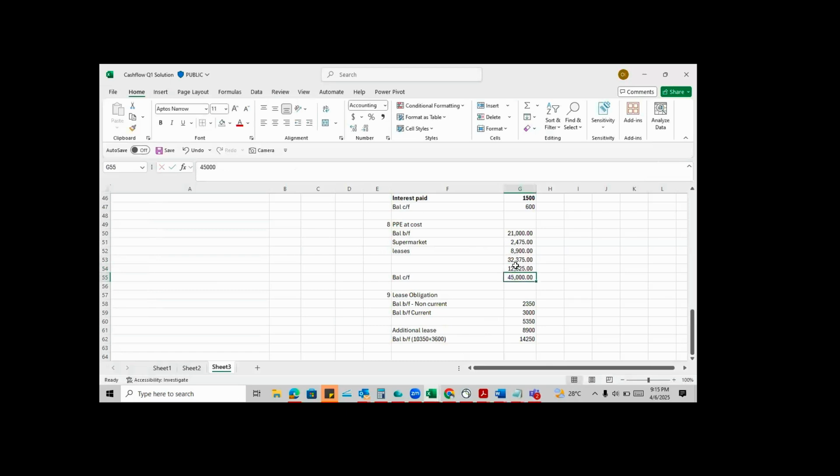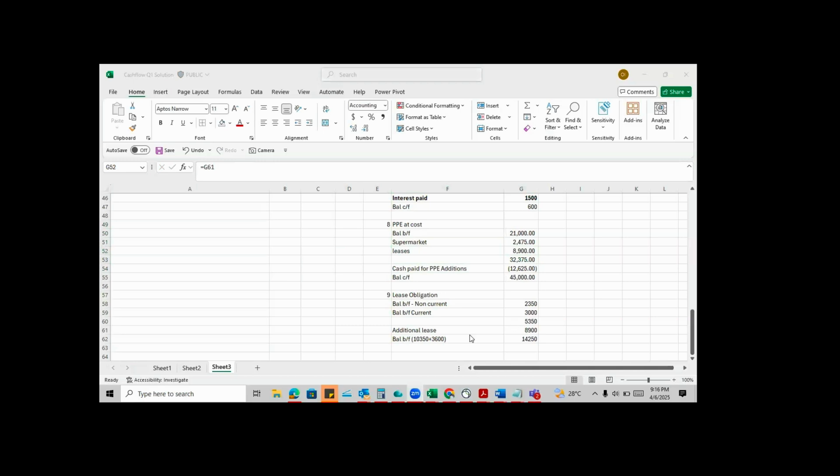Or let me even do it the other way around. Let this be this minus this, so I can just make it straight. So this would have been cash paid for PP additions. Okay, so our PP must have increased through leases and then the other part through cash.